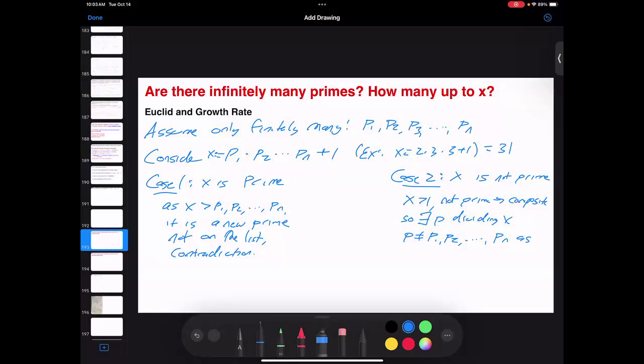So when I divide by p1, its remainder is? It's also a multiple of p2 plus 1. So what's its remainder when I divide by p2? 1. So all the remainders are 1. Thus, we found a new prime. So this is amazing. We have just shown that there are infinitely many primes.